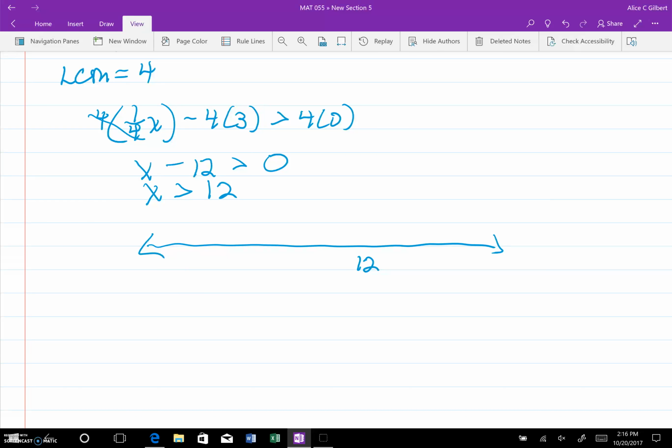No, 9 isn't greater than 12. How about 8? No, 8 isn't greater than 12. So it means I'm not going left. And my sign here is just greater than. It's not greater than or equal to. So it means a parenthesis, and we're going in this direction forever.